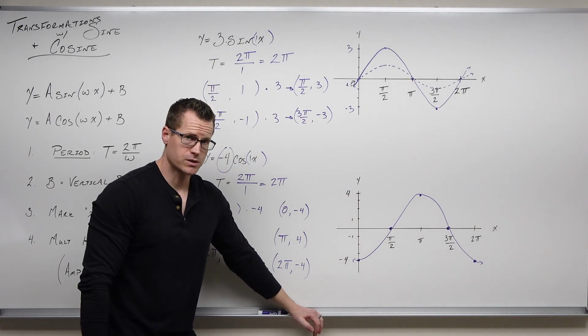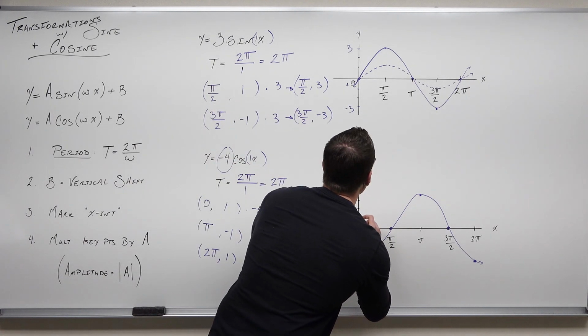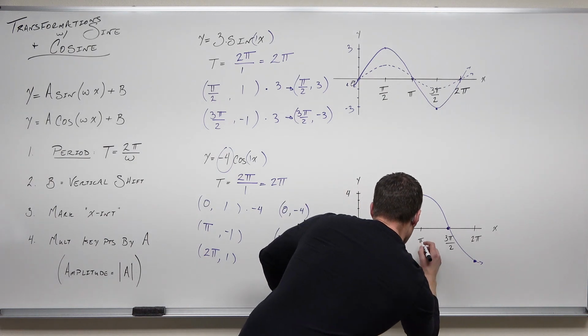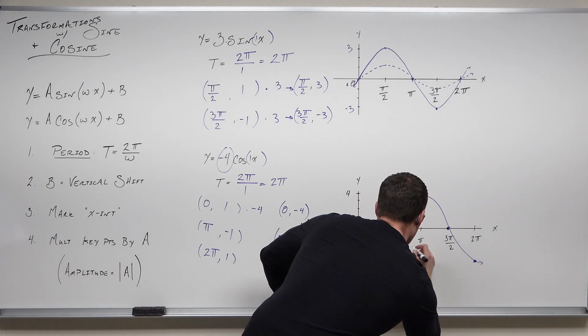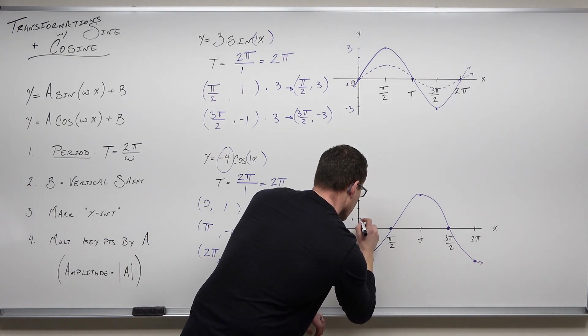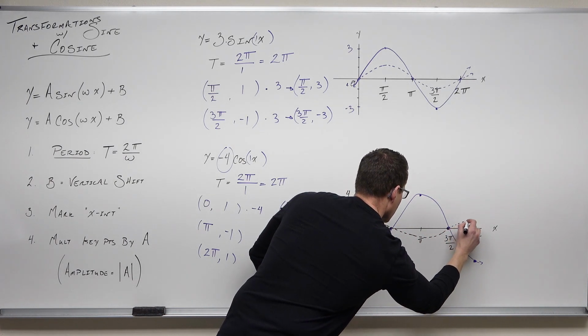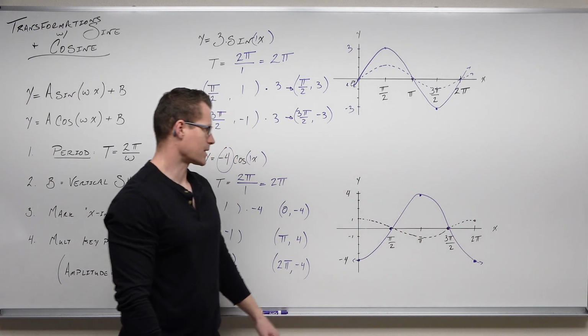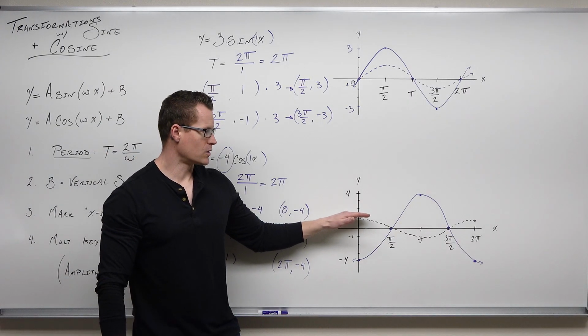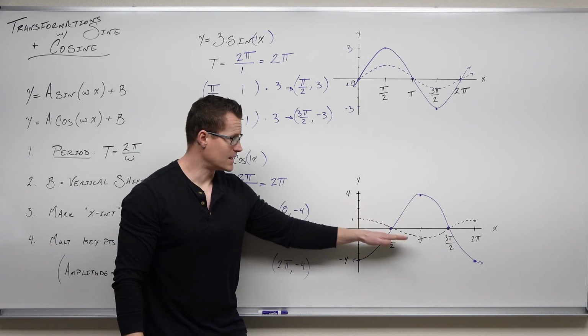But the original cosine function looks about like that. So here's the original cosine as it relates to a height of 1 and -1.